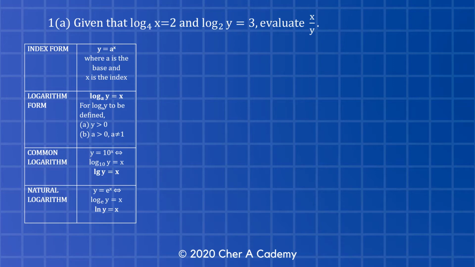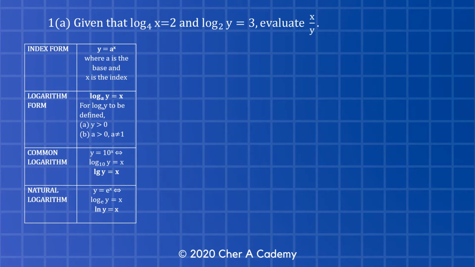So for question 1a, given that log base 4 x is equal to 2 and log base 2 y is equal to 3, evaluate x over y. So I need to get out my x from the log form and I need to get out the y from the other log form. In other words, I will have to change these two logs into the index form.